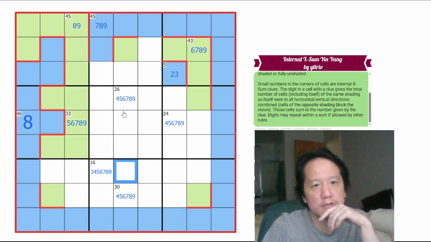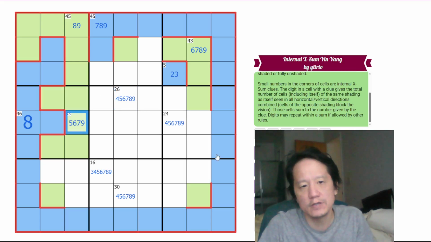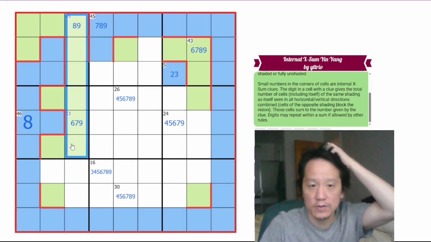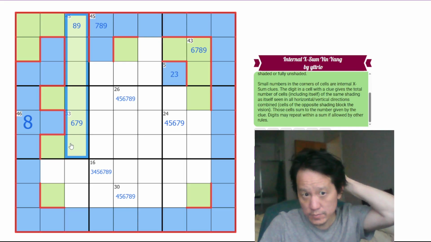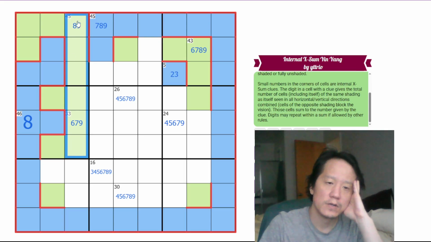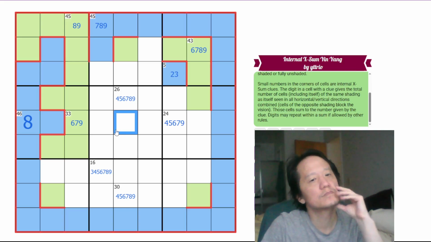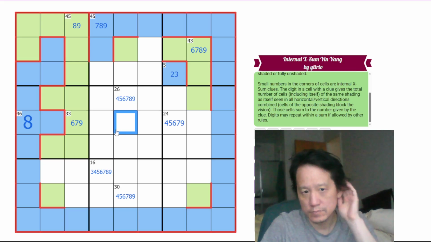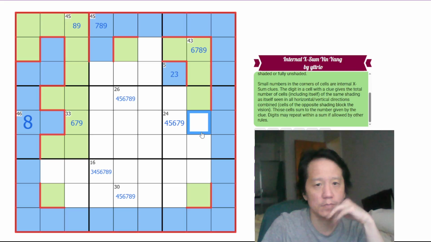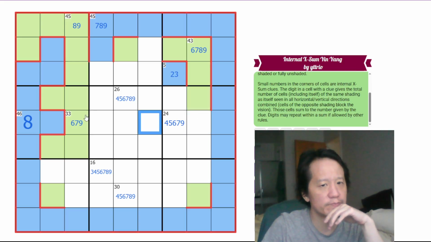Let's see. This cannot be 8. This cannot be 8. This sees at least 6 because it sees 6 that way. Okay.